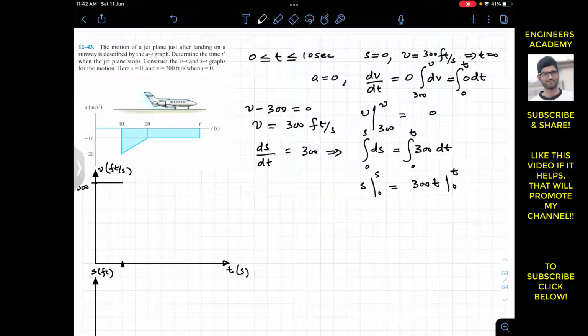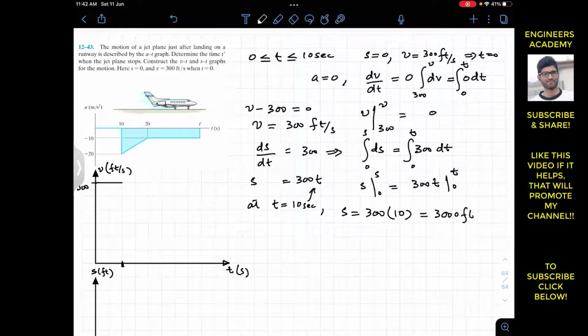from 0 to t. Now if we put these boundary conditions, we have s minus 0 equals 300t, so s is equal to 300t. Now if I put t equals 10 seconds, s is equal to 300 into 10. This is equal to 3000 feet.